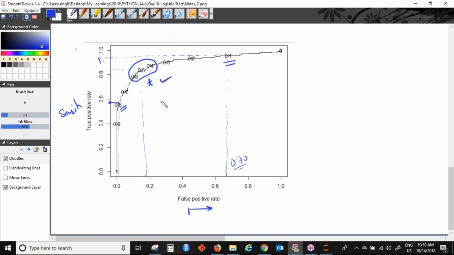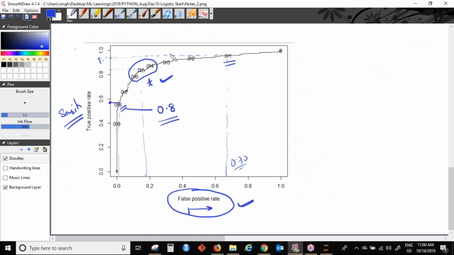So it depends on the business case. Let's say if you want to avoid errors at any cost, if you want to avoid false positive rate, you will take a threshold of 0.8. But if you want to increase true positive rate and yet have a less rate of false positive, you will take any of these. So it depends on the business scenario. What do you desire?